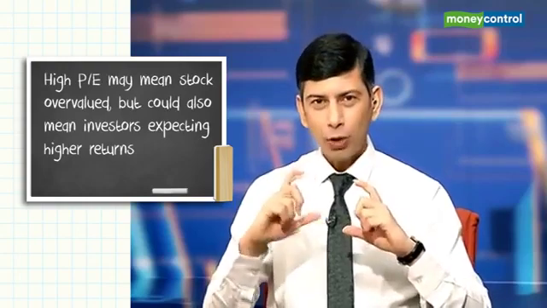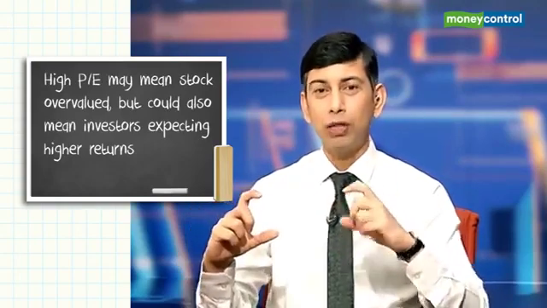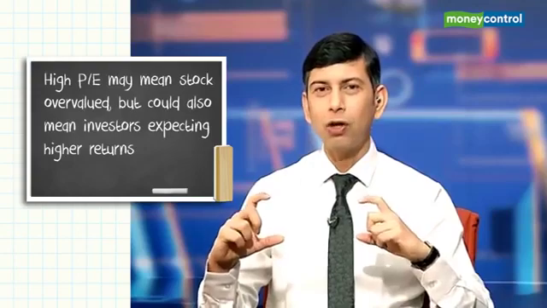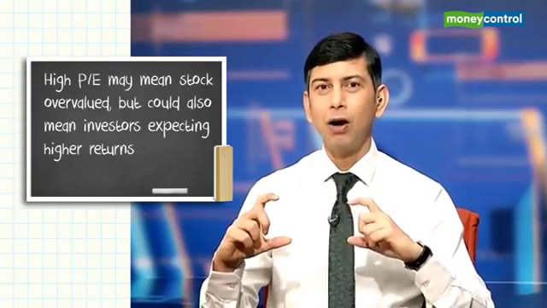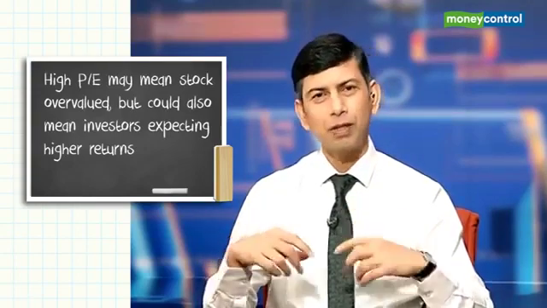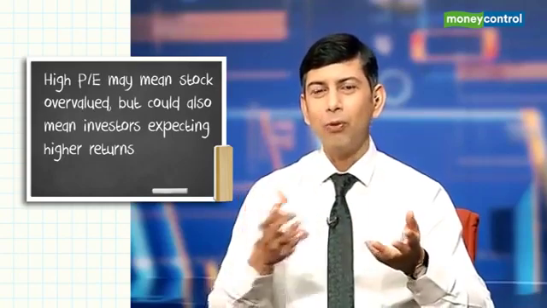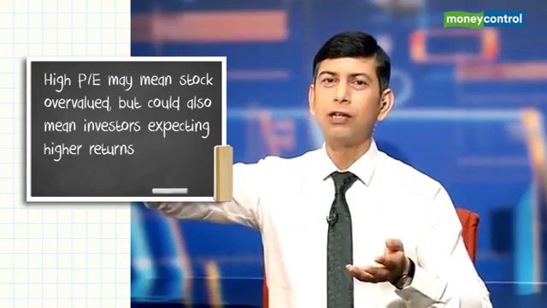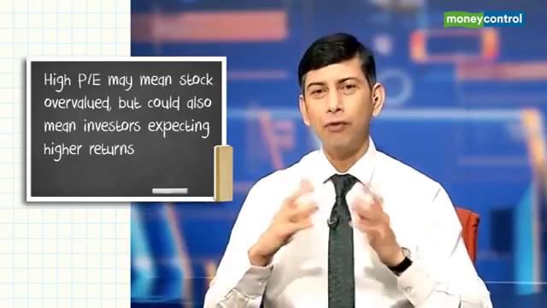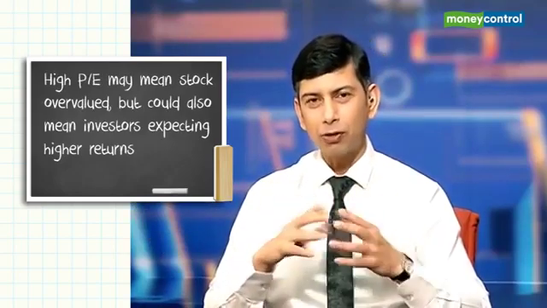And therefore, to look at Page Industries' PE multiple without looking at the expected growth would have led to mistakes of omission on the part of investors. The case is the same with HDFC Bank, where the sheer growth trajectory of the bank actually took care of its high PE multiple and price to book multiple.